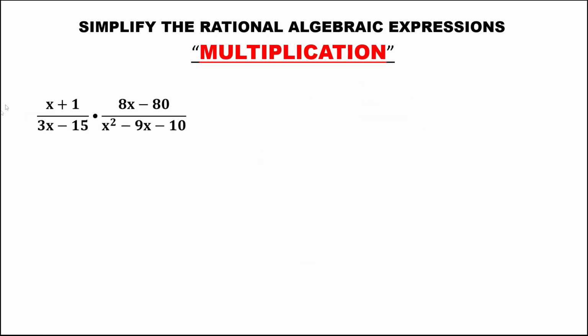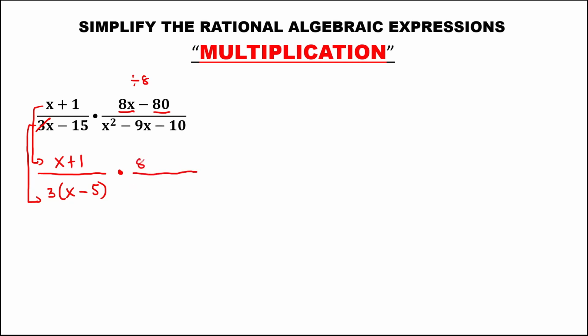Then for this problem, bring down this x plus 1, then over, for this 3x minus 15, divisible by 3. So 3x divided by 3 is x, minus 15 divided by 3 is 5. Then times this 8x minus 80, divisible by 8. So we need to put 8 outside, and this becomes x, then minus 80 divided by 8, this one is 10.